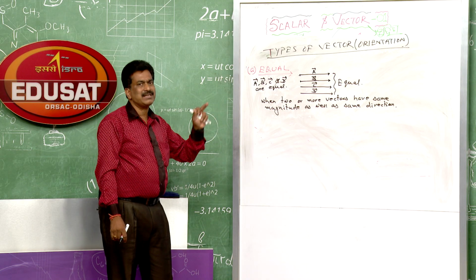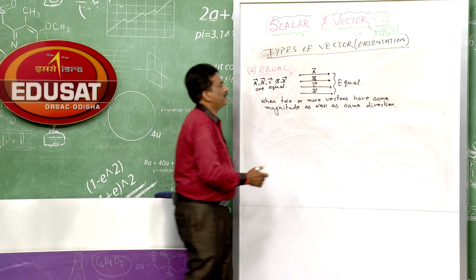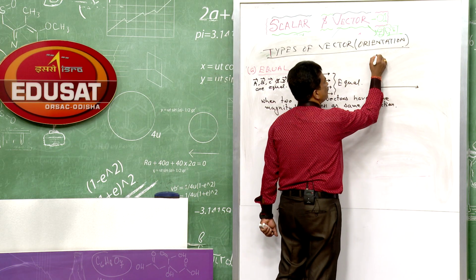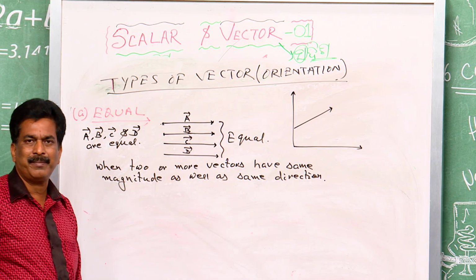So by taking this concept, you will make the parallel shift. Suppose this is the axis, we have taken a vector here.